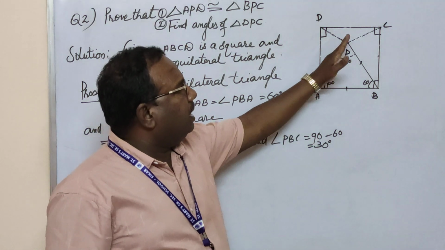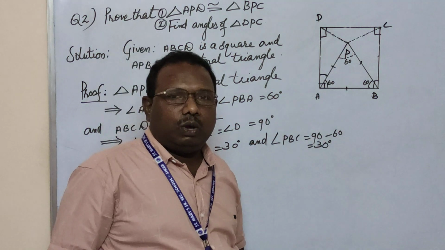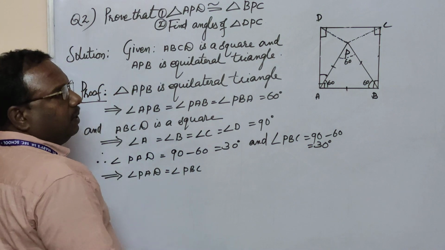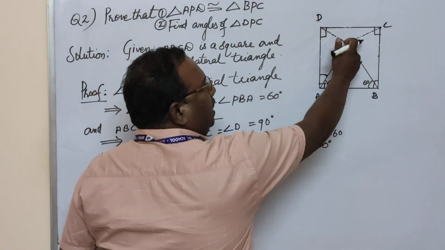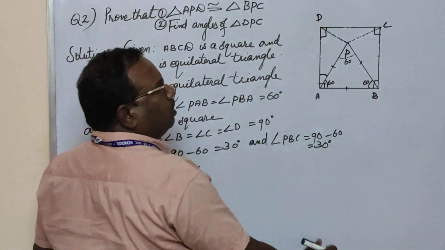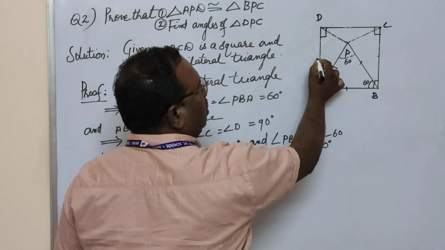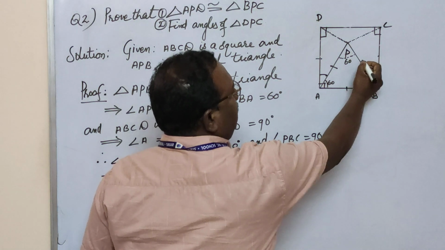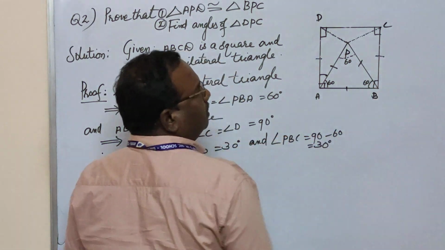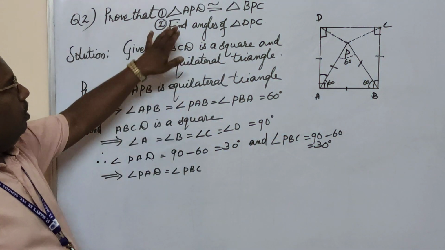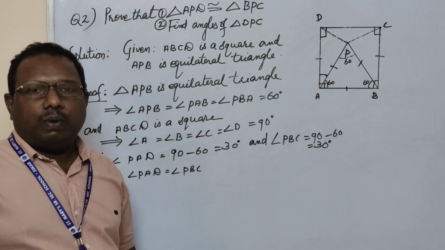Therefore, AD and AP are also equal, and PB and BC are also equal. I am marking here this AP equal to AD, this BP is equal to BC. Now let's go to question number 1.